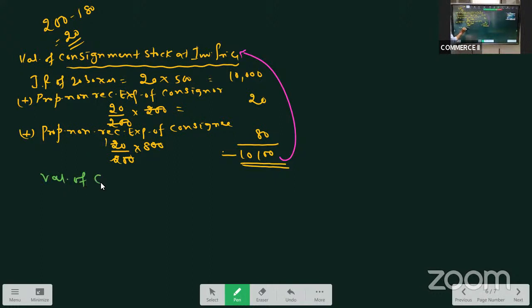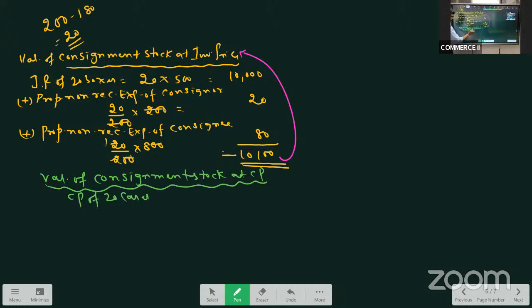Valuation of consignment stock at cost price. So I'll take the cost price of 20 cases. That is 20 into cost, which was 400. So it is 8,000.